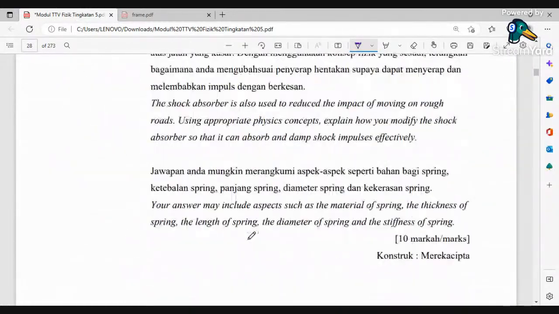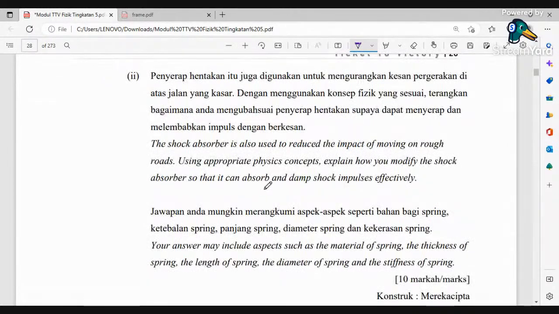Okay, part 2. The shock absorber is also used to reduce impact of moving on rough roads. Using appropriate physics concepts, explain how you modify the shock absorber so that it can absorb and damp shock impulses effectively.